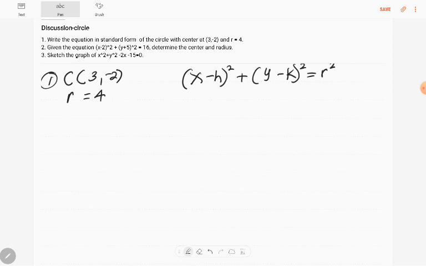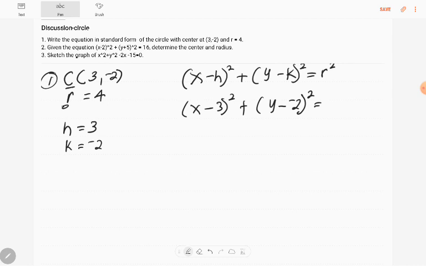The given in the problem is the center, and the center identifies that h is equal to 3 and k is equal to -2, and of course you have your r, which is equal to 4. Substituting, you'll have (x - 3)^2 + (y - (-2))^2 = 4^2.